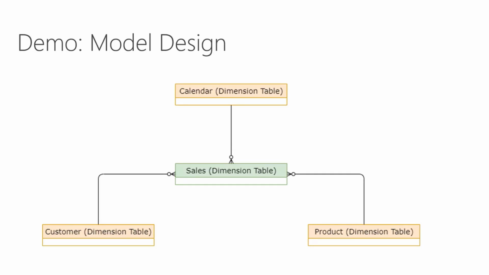And you have the main fact table right in the middle, which is the sales fact table. So with 3 dimensions and 1 fact table, we'll be developing this model with Power BI datasets from a blank Power BI file, right? That's what we'll be doing in this session.